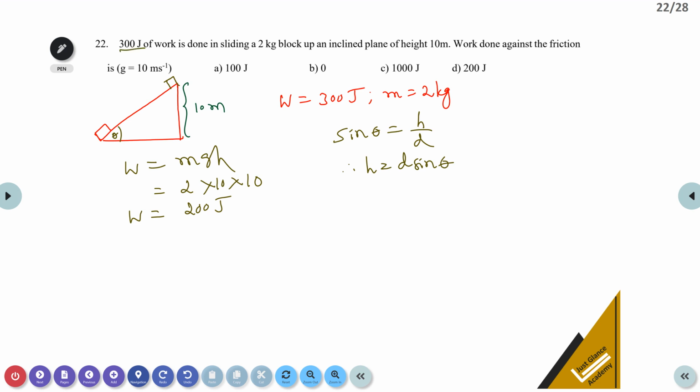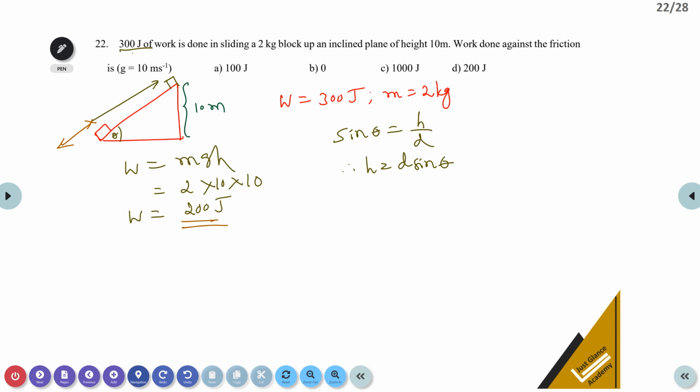But the person has done how much work? 300 joule of work is done, because you are lifting the object in this direction. But frictional force is acting in the opposite direction, you know? So actually if there is no friction, this much work is required.